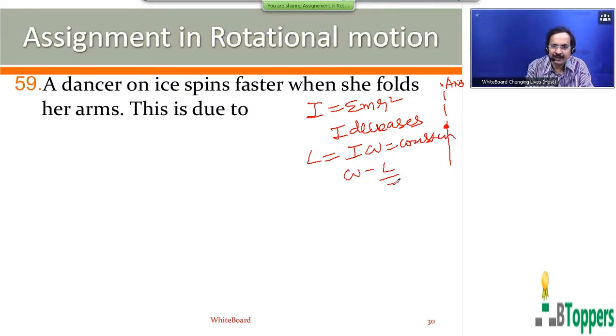So omega I can write as L by I, where L is constant. The moment of inertia decreases when the dancer folds her arms because a portion of the mass is shifted nearer to the axis of rotation, so the average value of r square decreases. So angular speed omega increases.